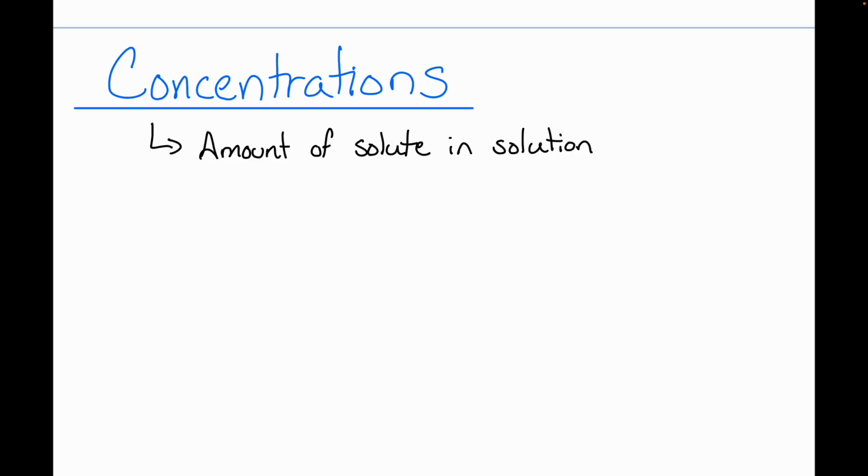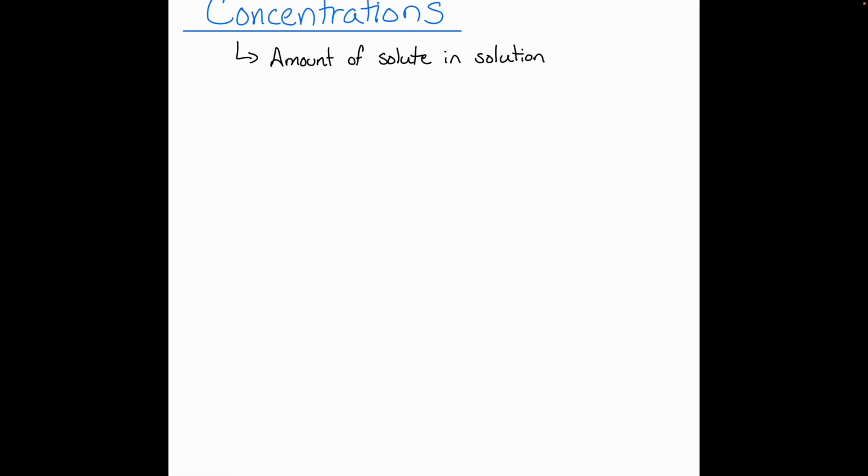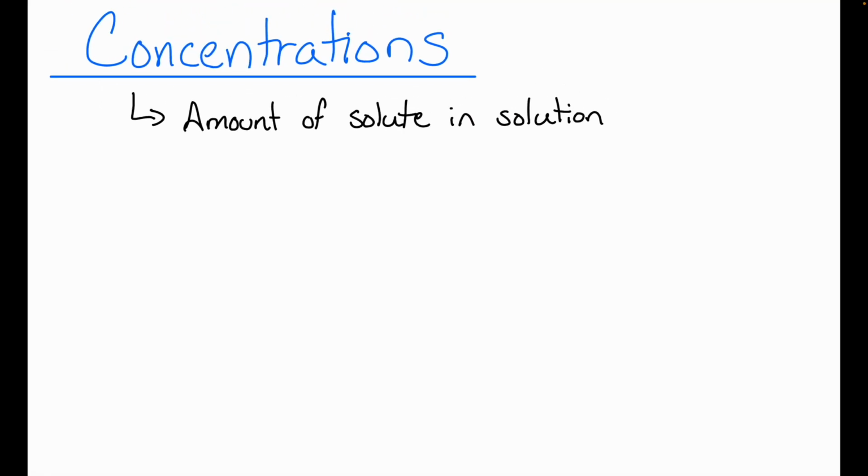So that told you what the upper ceiling was, but of course we can always go lower than that. And we need to be able to accurately quantify how much stuff is floating around in there in our solution. So that's what our concentration is telling us. All right? So I'm going to leave this page here for definitions. I'm going to introduce them kind of one by one, but just sort of note that I'm going to kind of list all these definitions so that we have them together.